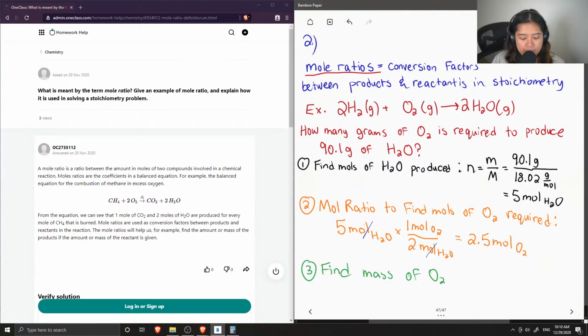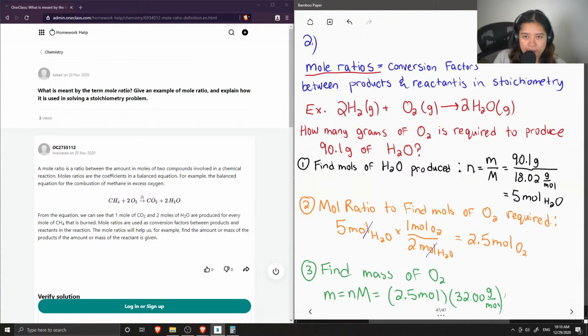Okay, so pretty straightforward, since mass is just number of moles times molar mass. So now the number of moles of oxygen we found was 2.5 moles, and the molar mass of oxygen, O2, is 32.00 grams per mole.